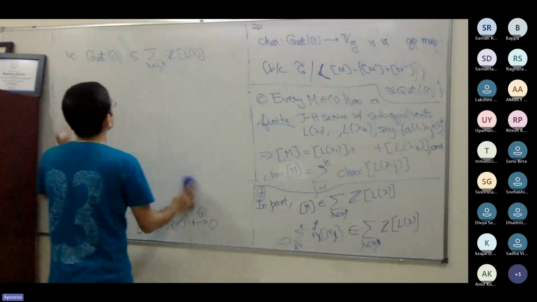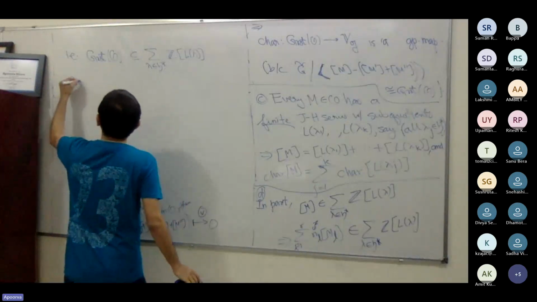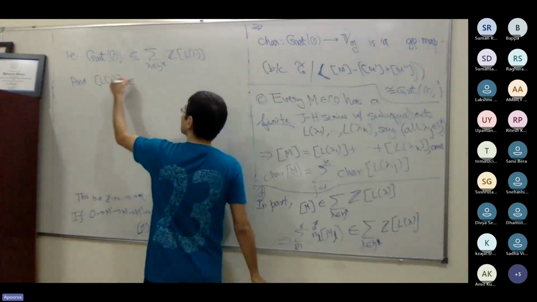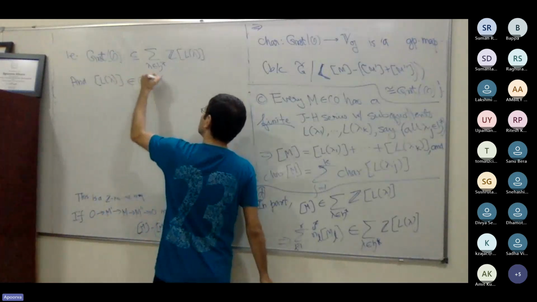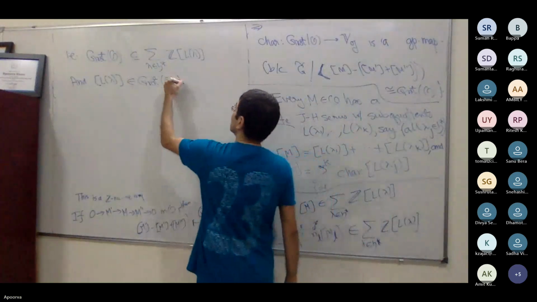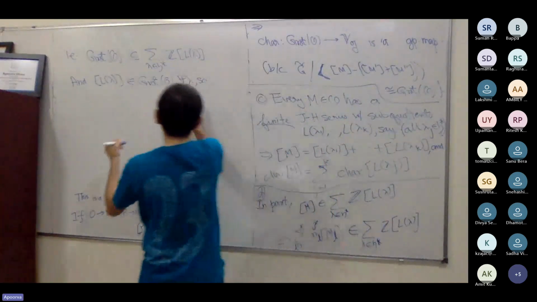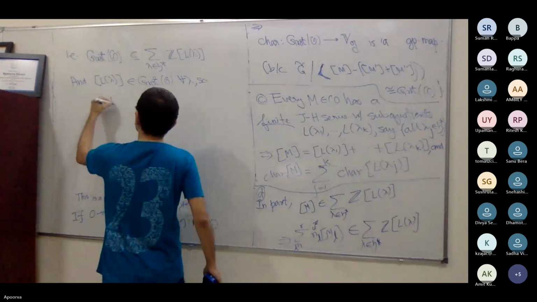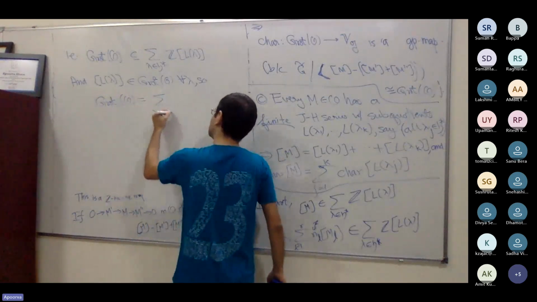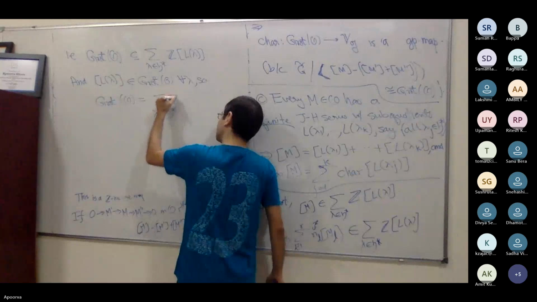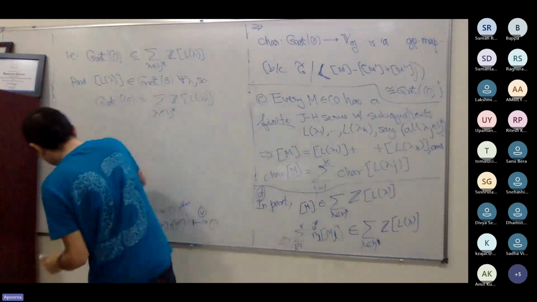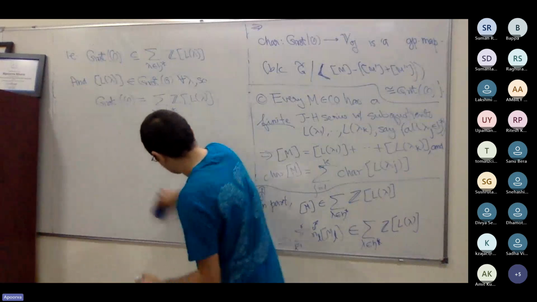On the other hand, since these L lambdas are obviously terms in this Grothendieck group, the reverse inclusion also holds, and therefore we get an equality. I'm really spelling this out, going very slowly, but I'm writing it in full detail.